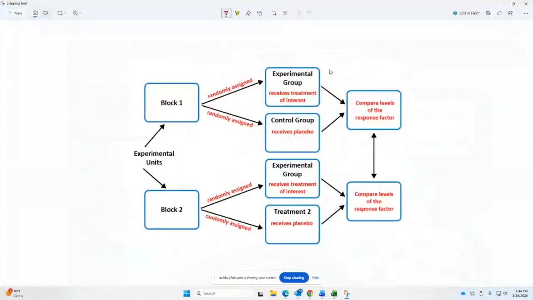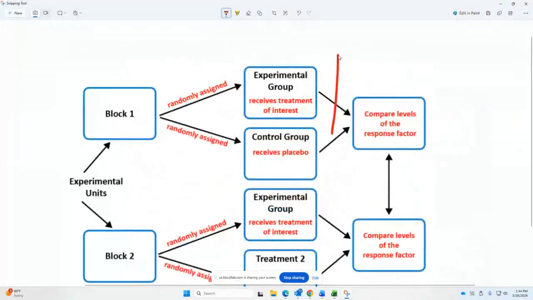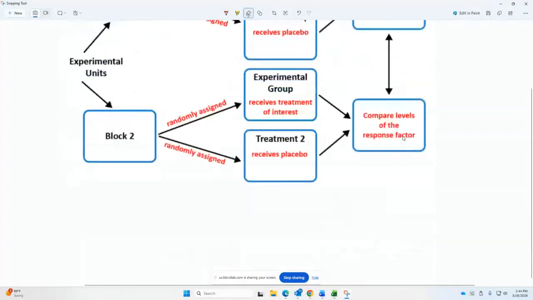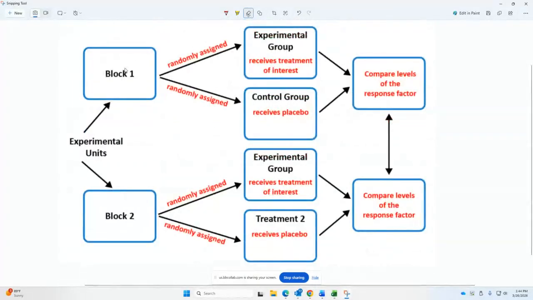My mouse is not working here. Okay, there we go. All right, so here we have block 1 and block 2.